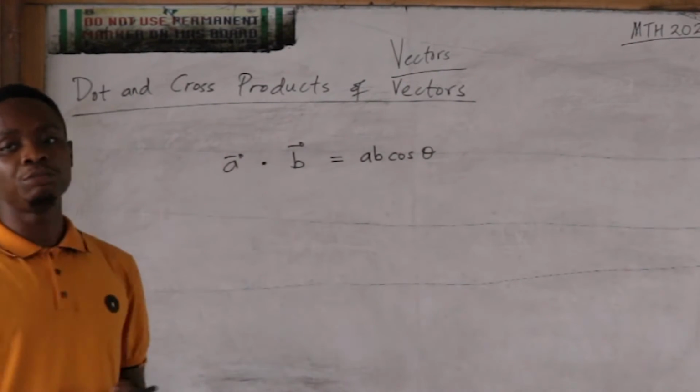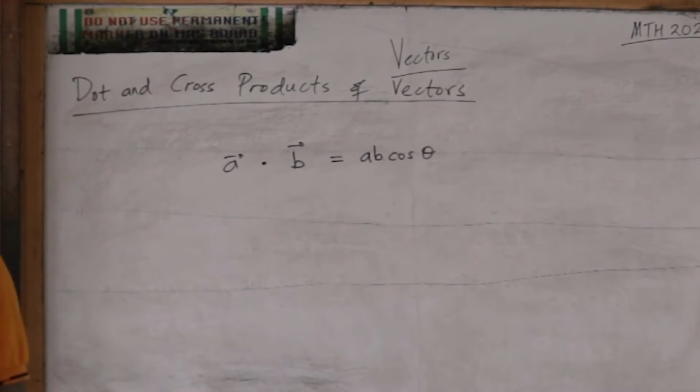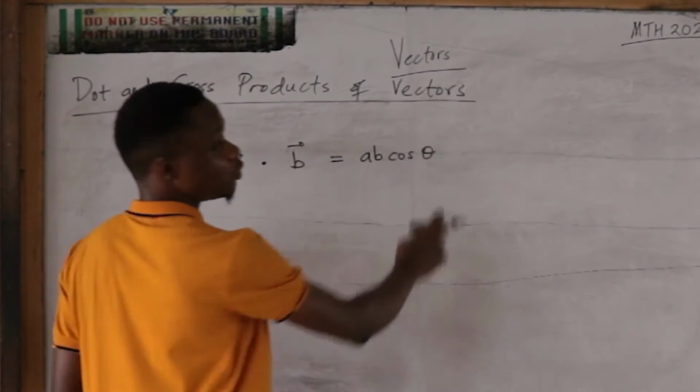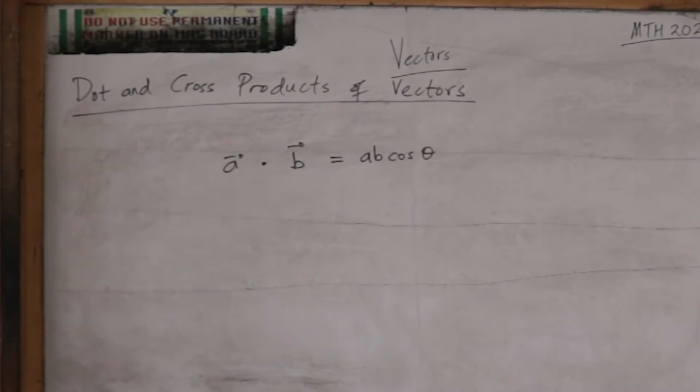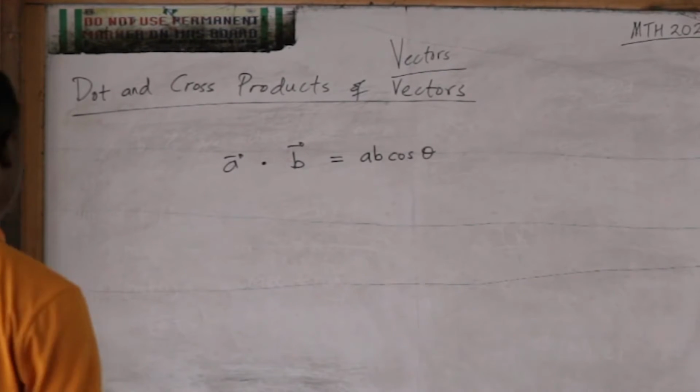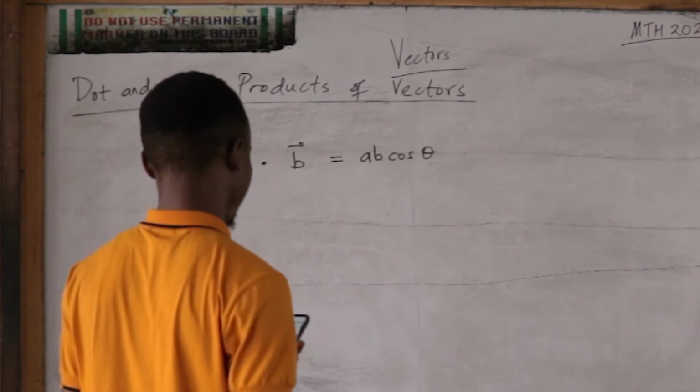Do you get that? AB cos theta. I told you earlier, when you see A standing below that way, it means the magnitude of A, and B standing below that way means the magnitude of B. And theta is the angle between vectors A and B.